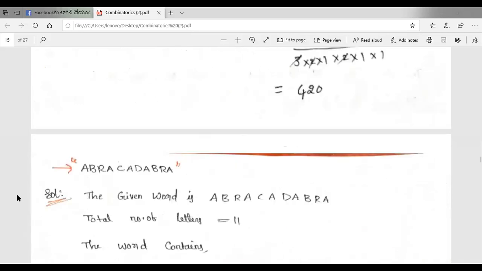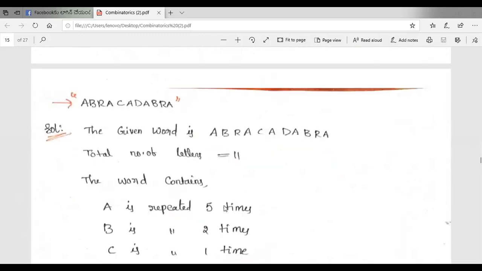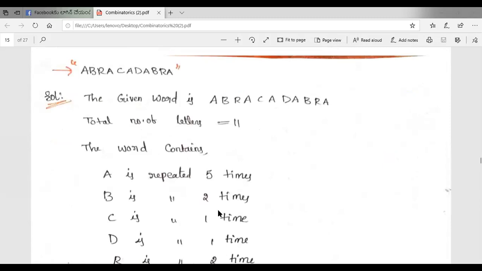Next, similarly, the word is ABRACADABRA. The total number of letters is 11, and the word contains A repeated 5 times, B repeated 2 times, C 1 time, D 1 time, and R repeated 2 times.